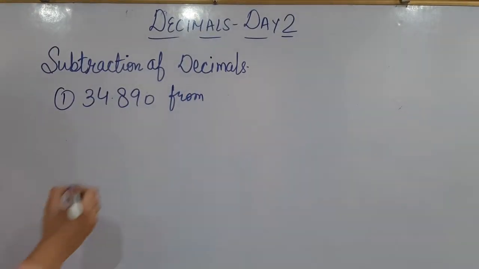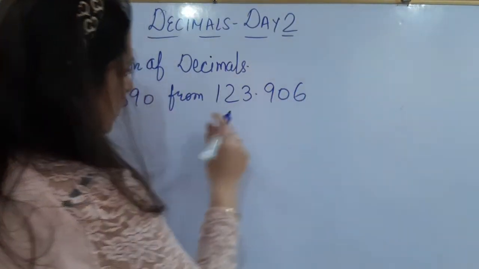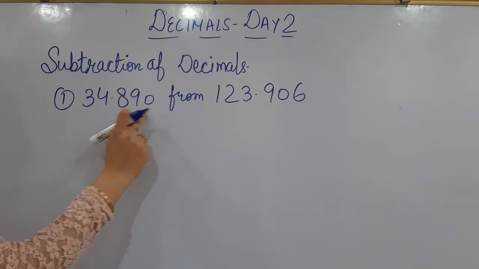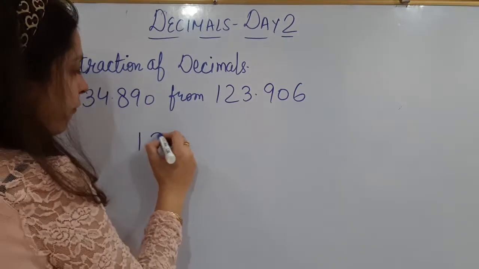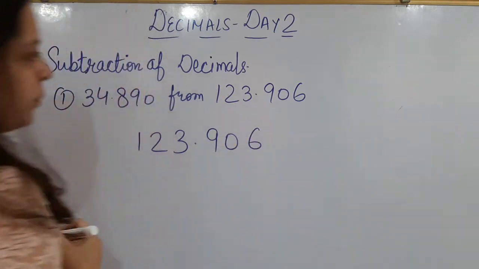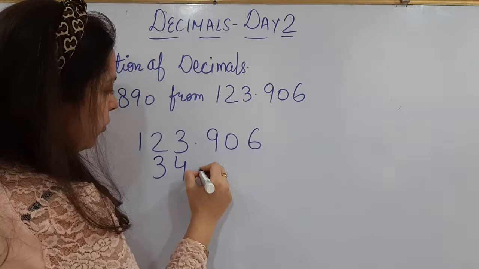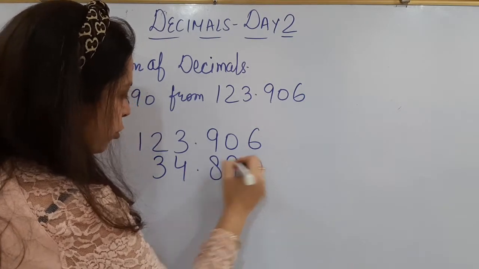Subtract 34.890 from 3.906. So we will write it in this way.